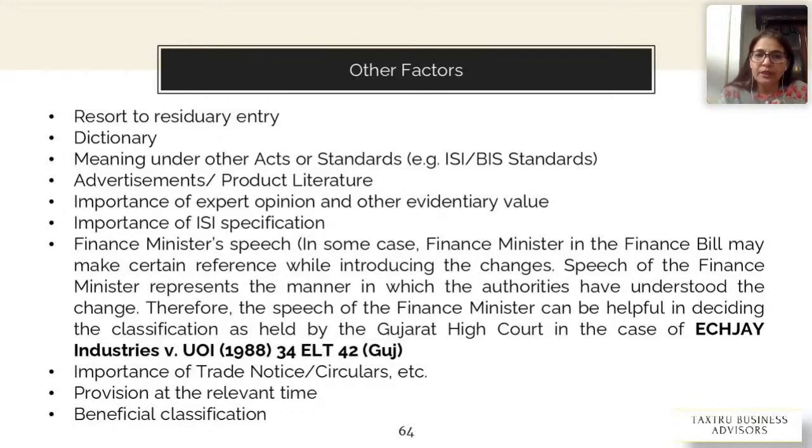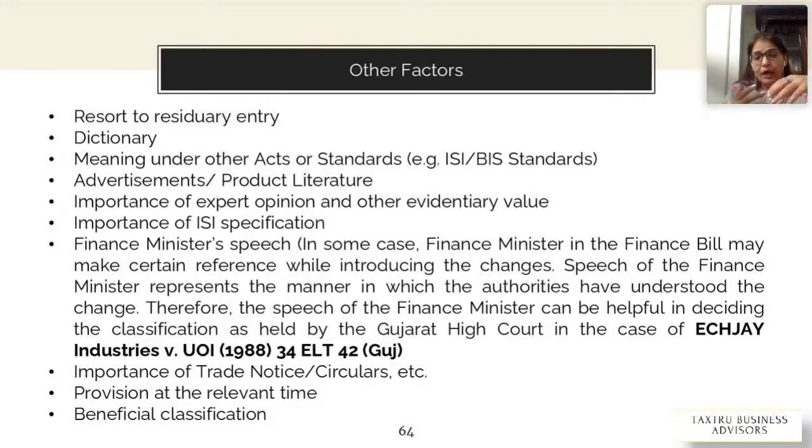Obviously, the importance of expert opinion and other evidentiary value is always there, because at times we have seen that we are not able to classify certain products and we may require the help of experts, or some kind of technical testing help, or some certification. Like if I see yarn, there are certain categories of yarn that are classified, but there are certain other categories that are not. Fully drawn yarn, partially drawn yarn.